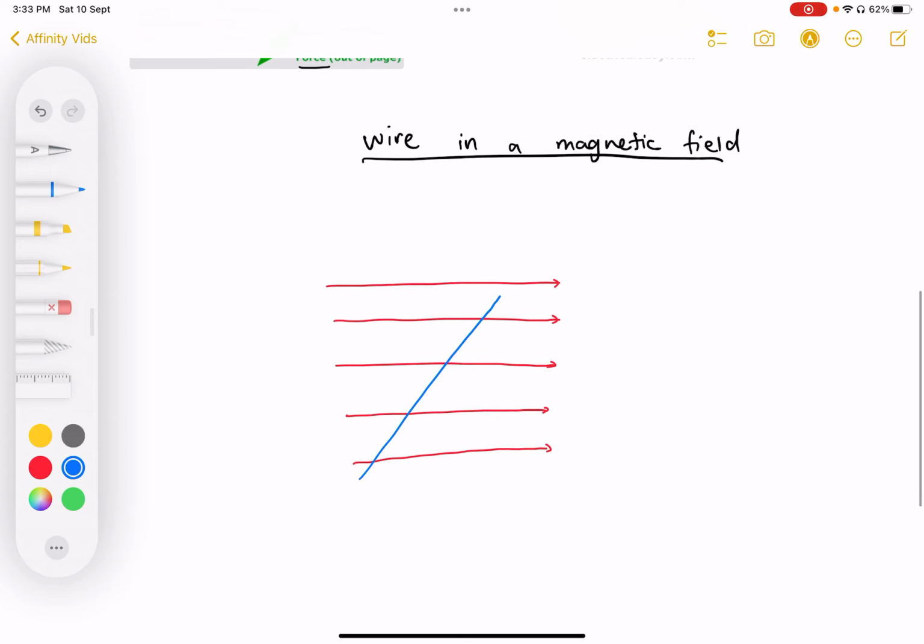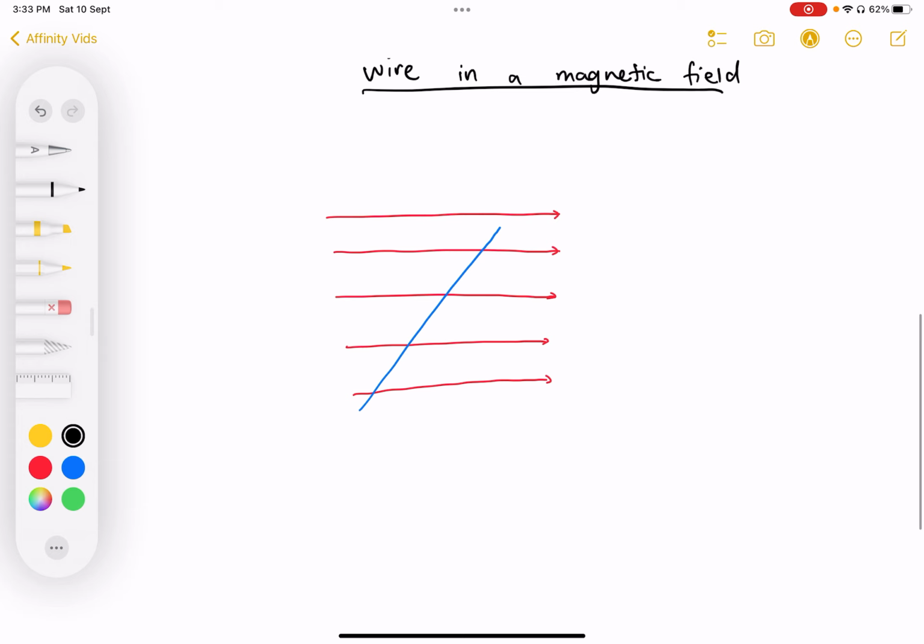Luckily there is an equation we can use for this. Let me write it down here first. This isn't going to make a lot of sense right now, but we're going to try and explain it. B over here is our magnetic flux density.